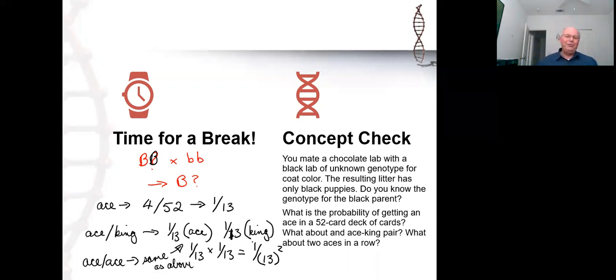So it's going to be 1 out of 13 squared. Not good odds. That's why you need to be really careful when you play poker. And you have to remember what the odds are of getting a particular combination of cards.